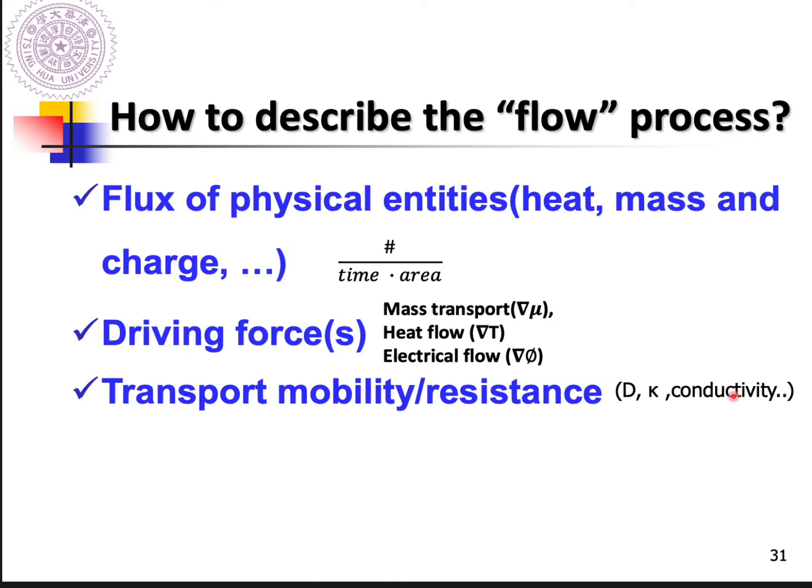Yes. So diffusivity, thermal conductivity, and electrical conductivity would be the inertia of a system or the transport resistance that affects the flow process. So we still need this information to well describe the flow process in kinetics.